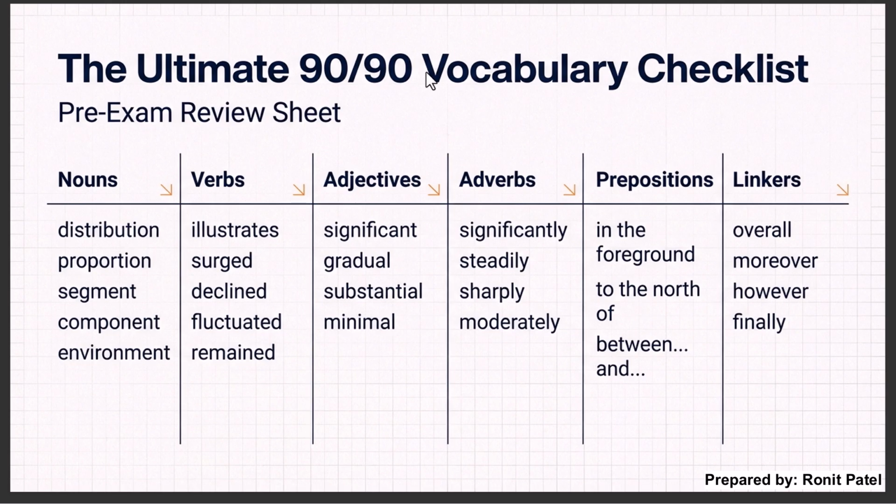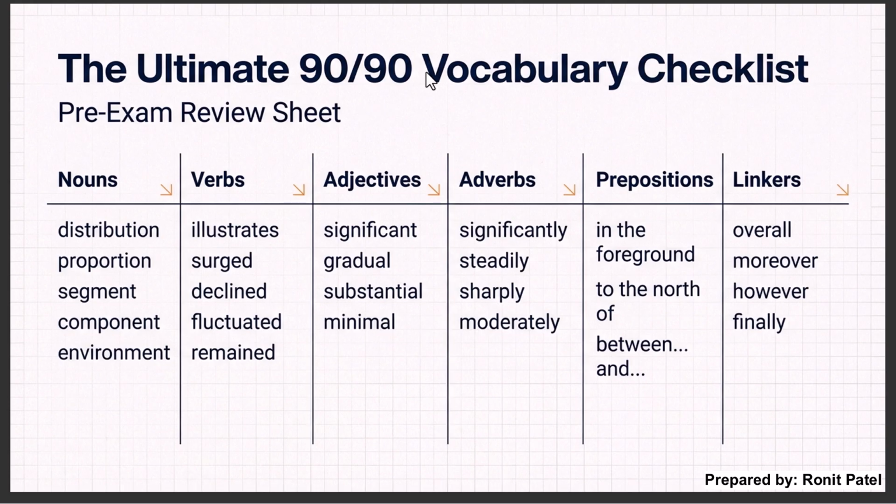This slide is your pre-exam rapid review sheet and it is very well structured. Before the exam, your brain needs ready-to-fire vocabulary clusters. Here I have provided such nouns, verbs, adjectives, adverbs, prepositions and linkers which can be used frequently for almost all the diagram types. While practicing, what you can do is pick one word from each column, build one sentence, speak it aloud.